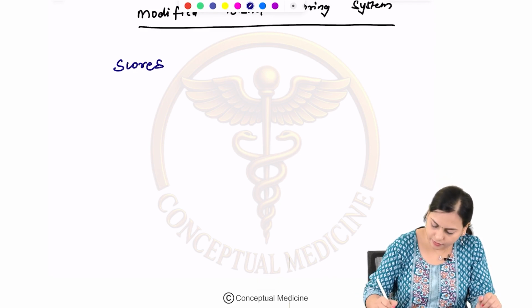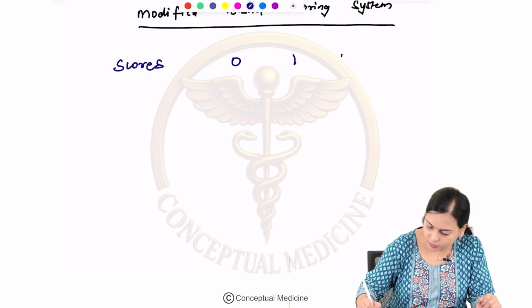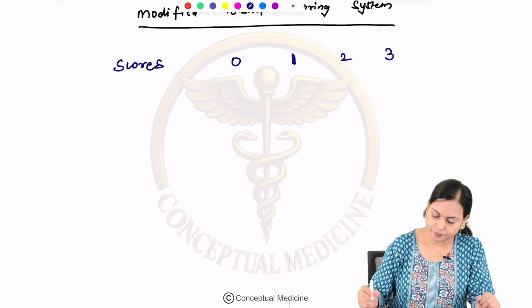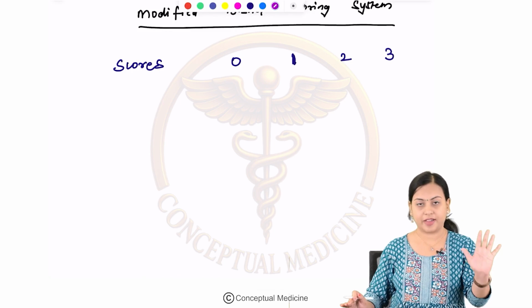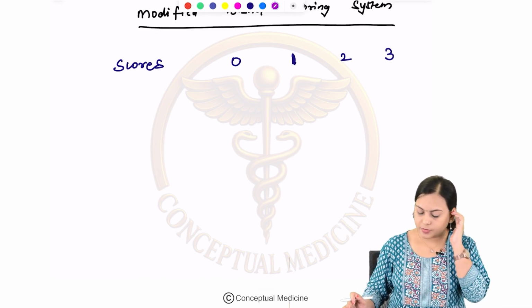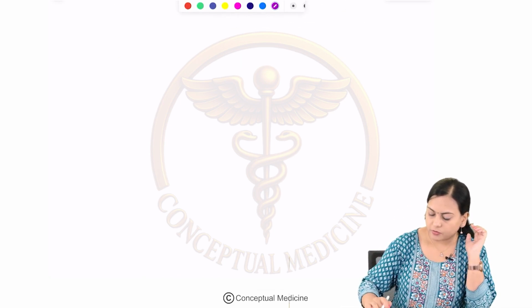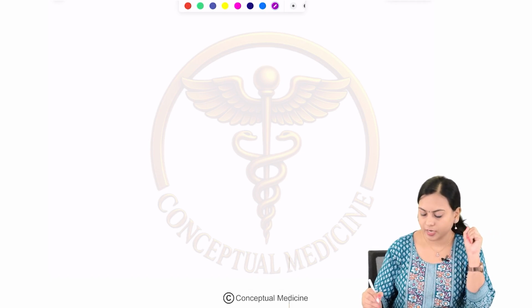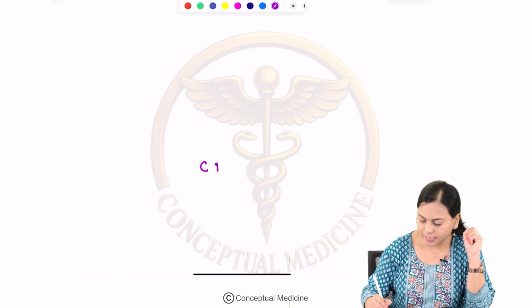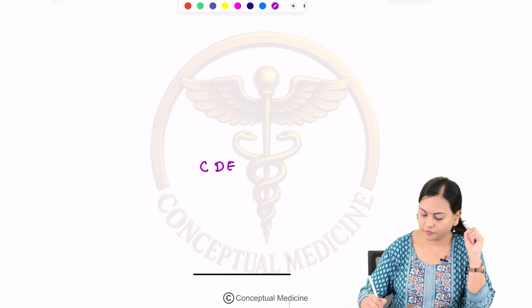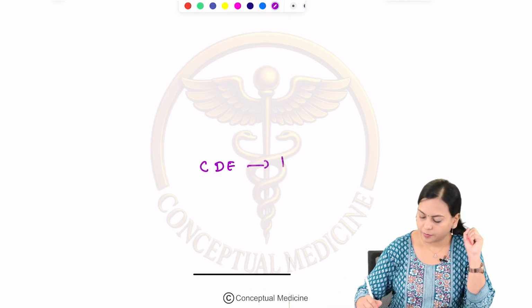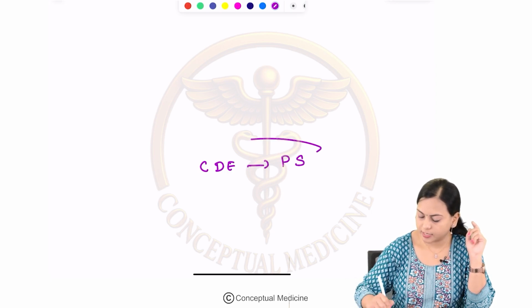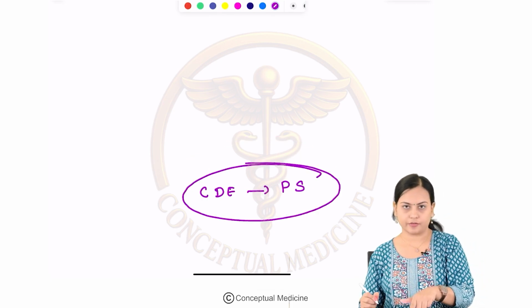The scores will start from 0 and go as 0, 1, 2 and 3. Clear? And you have 5 factors in assessment, and you have to keep the following alphabets as your favorites, okay? It is C, D, E followed by P, leave Q, R, then S. Okay, C, D, E, P, S should be your favorite.